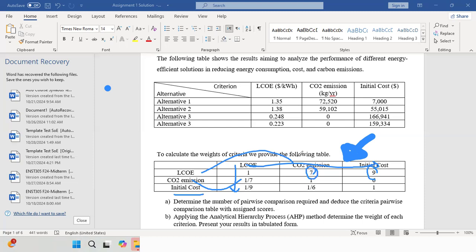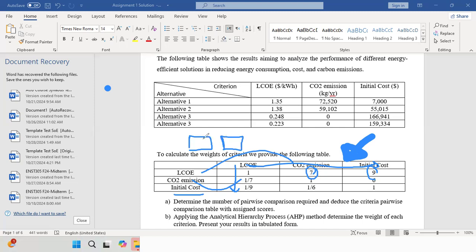But what we need to do in reality is a lower number of comparisons, because we have the symmetrical effect. So all we need to do is determine the number of comparisons required. We can apply a formula, because you need to compare 2 options, but you don't care for the order. If you care for the order, you need to do 6 comparisons, and if you don't care for the order, you just need to do 3.